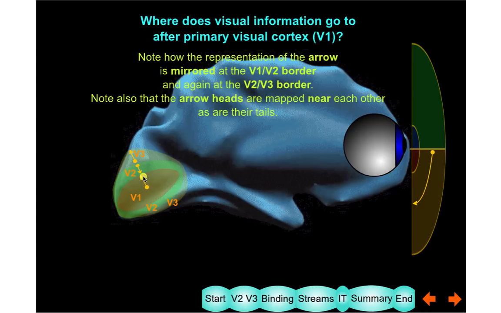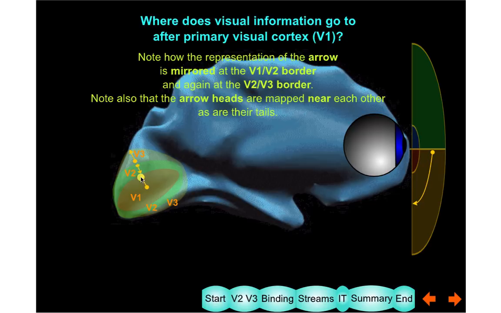Here, what happens is that the line is mirrored. Okay, its mirror image appears. So, the arrow here and the arrow here. And over here, we see a tail, and again another mirror image. A tail here and a tail here.